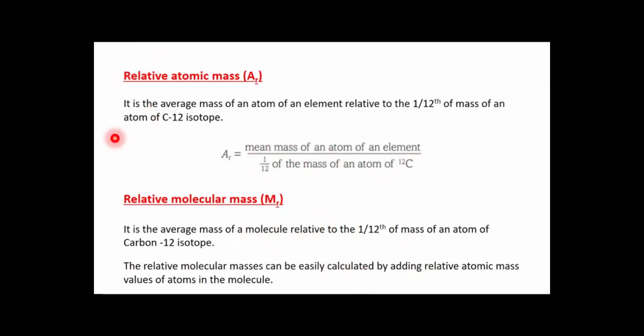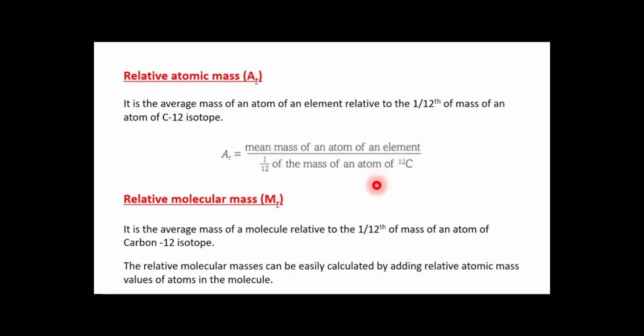And also, there is another simple method of calculating the relative molecular mass. That means when they give you a molecule, if they are giving the relative atomic masses of individual atoms in that molecule, what you have to do is to calculate the relative molecular mass, you have to add the relative atomic masses of individual atoms.